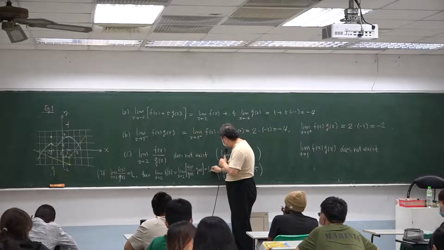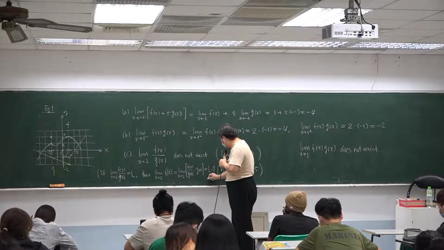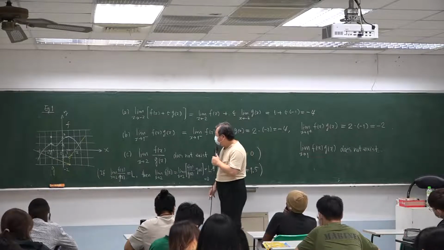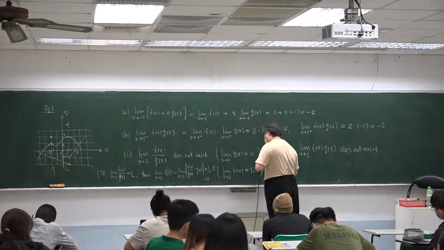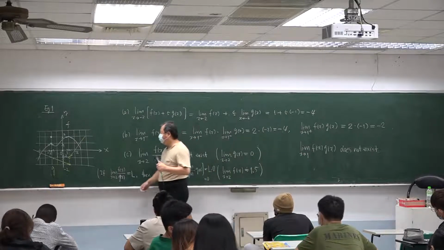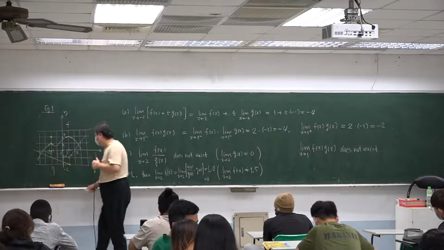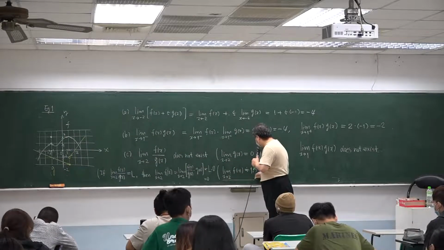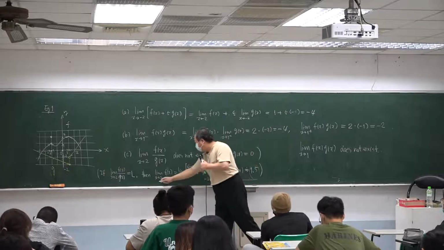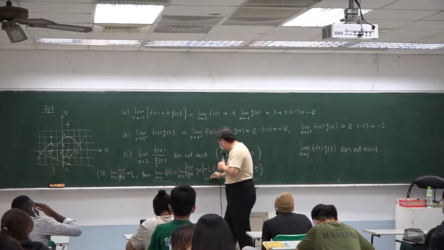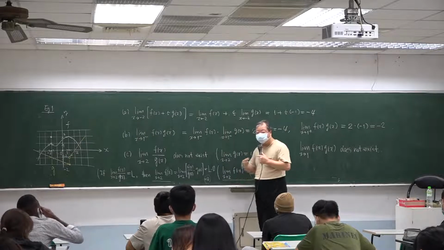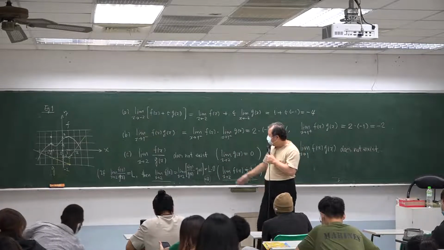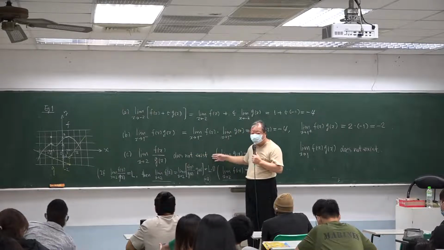will be L times 0, a contradiction, because this is non-zero, but this is 0, a contradiction. This contradiction shows this limit does not exist.